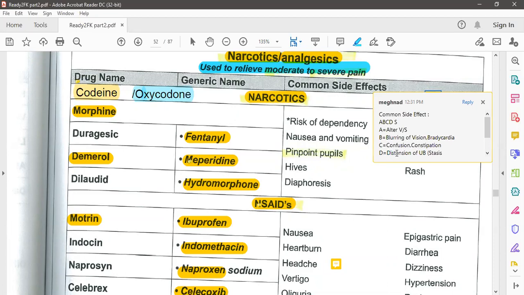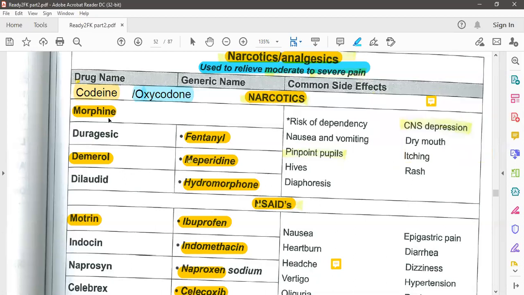And D stands for distension of the urinary bladder. D stands for dizziness, right? They can cause dizziness or retention of urine, or we can call it stasis of urine. So these are the common side effects of all of them.